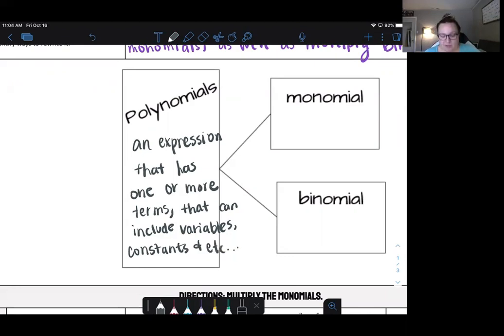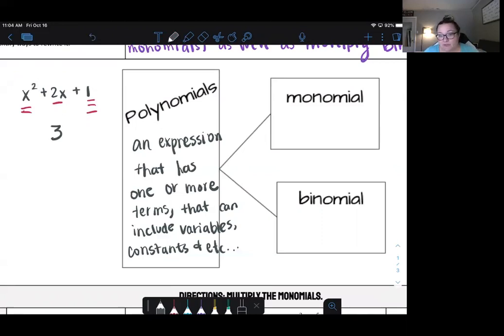So what's an example of a polynomial? An example of a polynomial is like x squared plus 2x plus 1. This polynomial has three terms. 1, 2, 3. Three different terms that are not like terms. Another example of a polynomial could be 3, just the number 3, which is considered a constant.